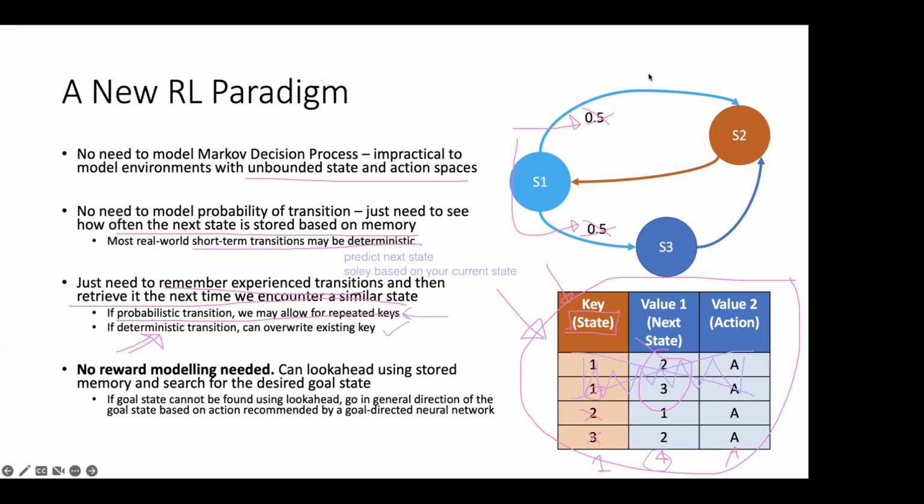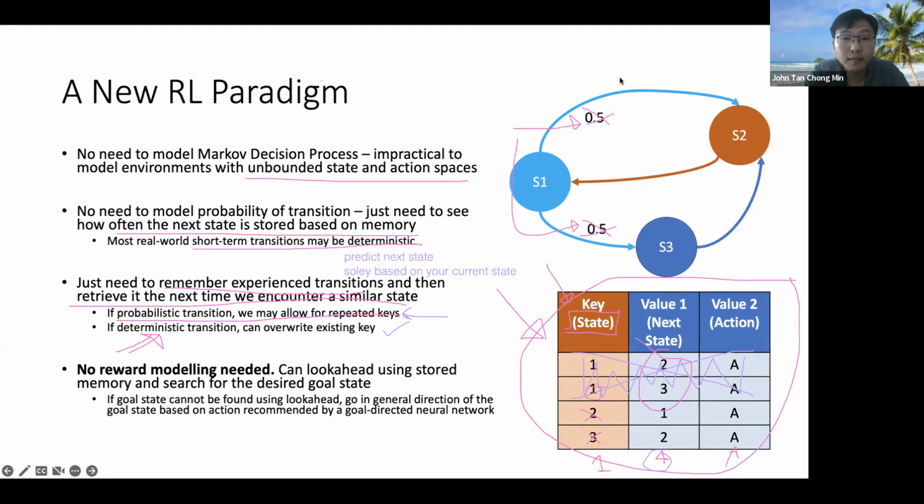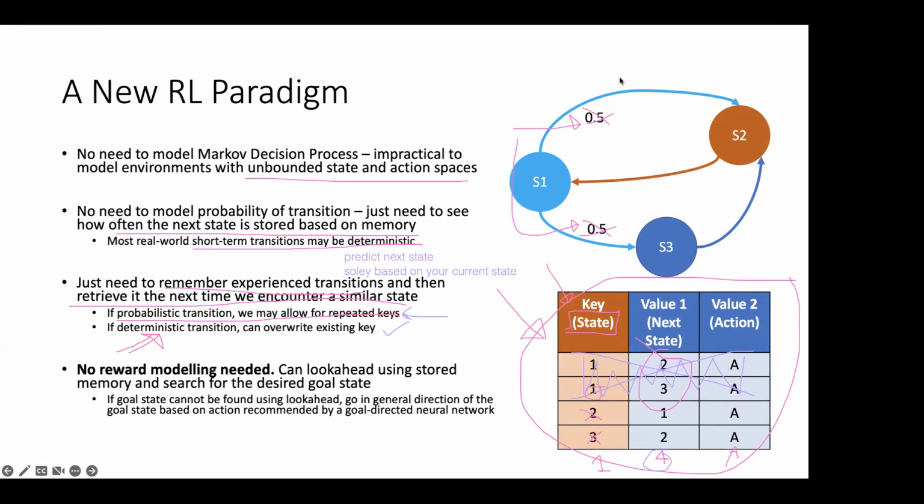I wonder what would happen if, for example, to retrieve a reward, you need to go through the same state twice. Sorry, can you repeat that? So for example, to retrieve this reward, you need to go through the same state twice, and the first time you go through this state, you need to take one action, and the second time you need to take an alternative action to get to this reward.